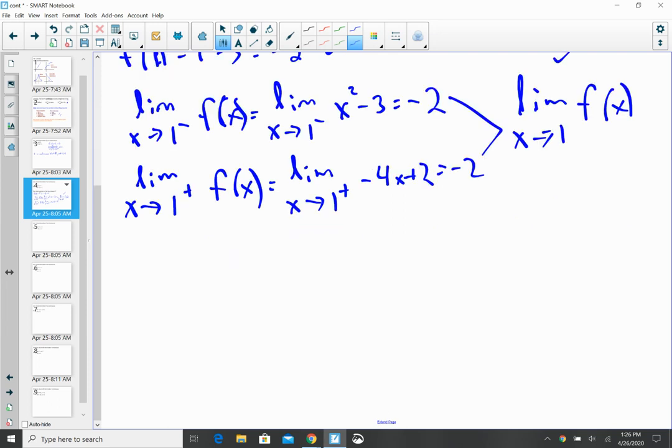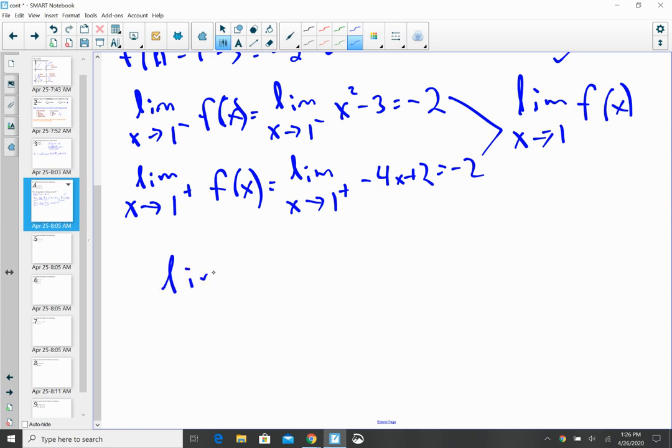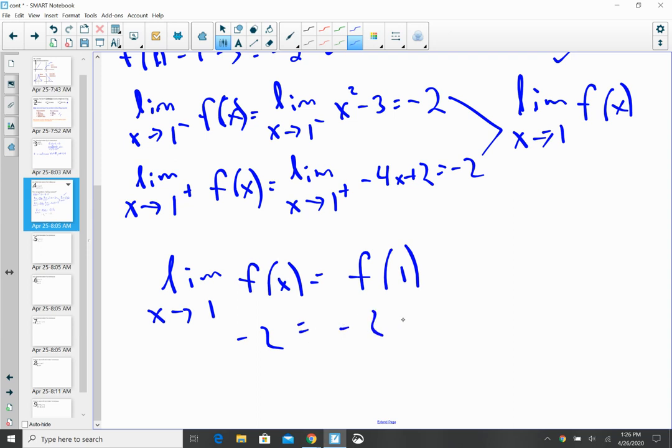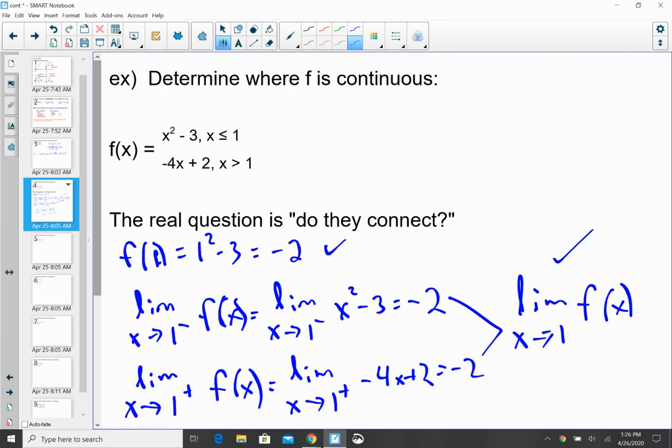So it meets the third criteria that the limit as x approaches 1 of the function equals the same thing as f of 1. They both equal -2. That's the third criteria. All right, so it met all three pieces of the criteria, so it connects, and independently the little pieces are continuous.